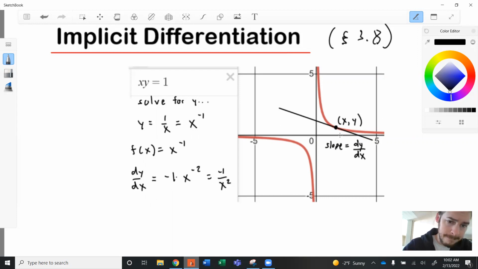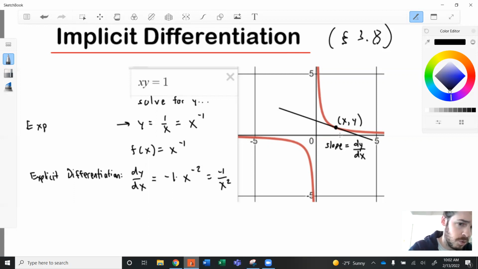But this here, this is not what the section is about. This here is explicit differentiation. It requires that you have an explicit format for the function. So right here, when we have y written down as a function of x, that is the explicit form.